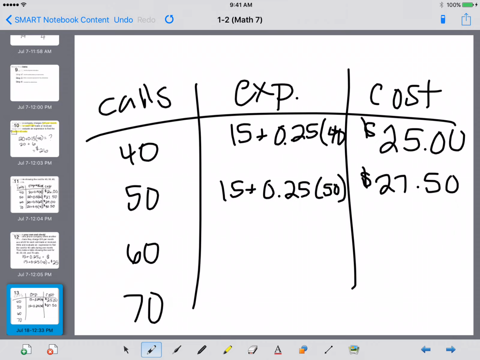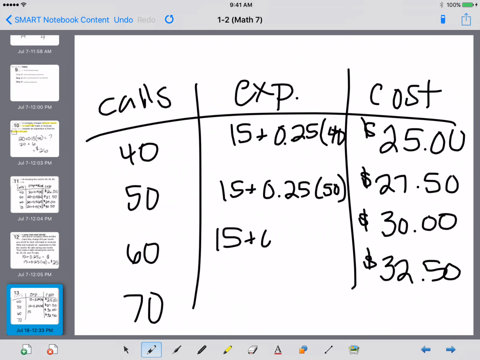So each time our numbers are going to be going up by the same. So 25 to 27.50 was plus 2.50. So then I'm going to go and add 27.50 plus 2.50 to get us $30. And then 32.50. And I'm going to still check this with my calculator to make sure.